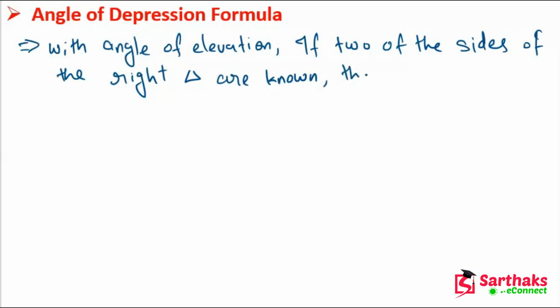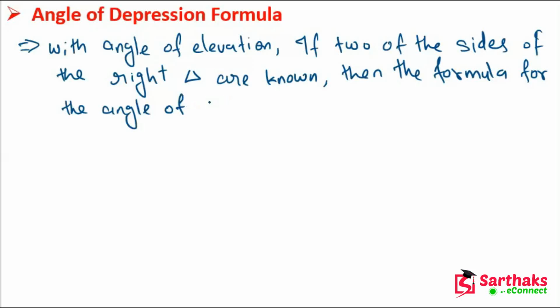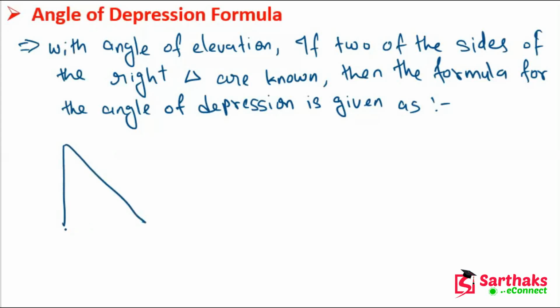Okay, then the formula for the angle of depression is given as, like, suppose we have a right triangle like this.